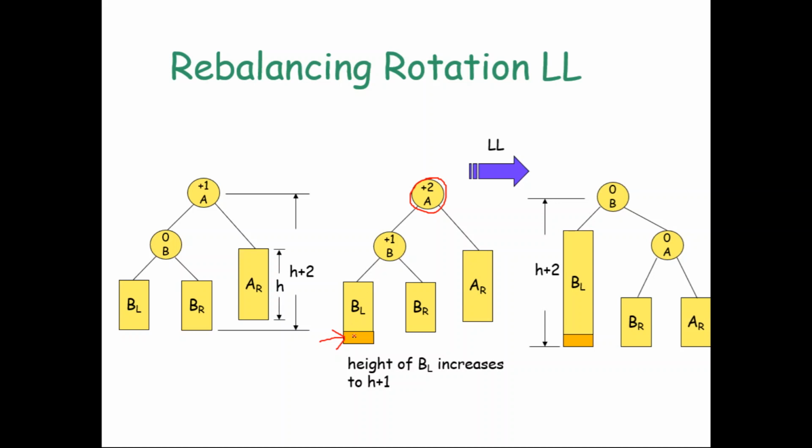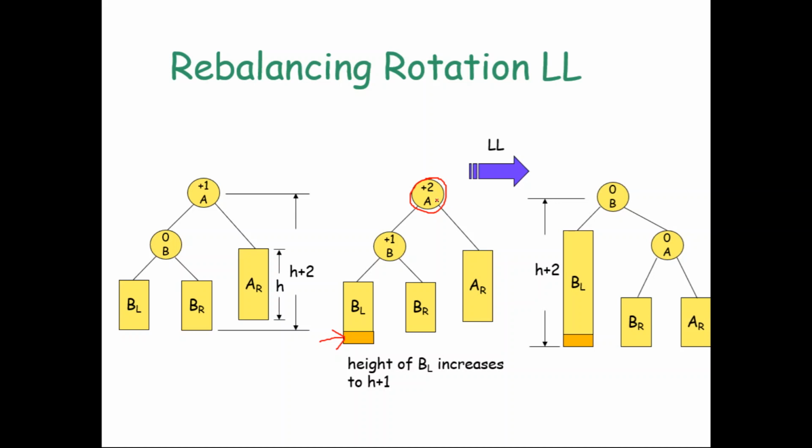The new node is inserted in the left subtree of B, which is the left subtree of A. So now you have to perform 1 right rotation on A.